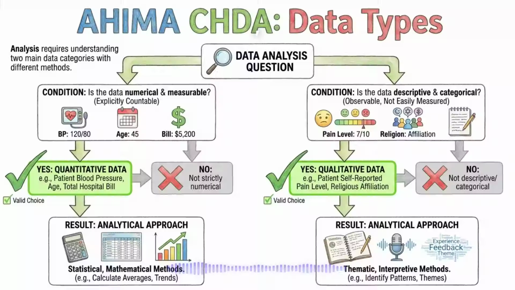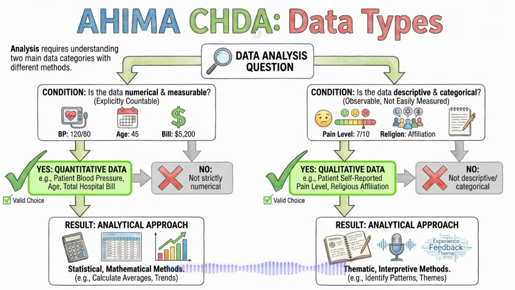During your analysis, you will constantly work with two primary types of data known as quantitative and qualitative data. Quantitative data is strictly numerical, representing things you can explicitly measure, like a patient's blood pressure, their age, or their total hospital bill.